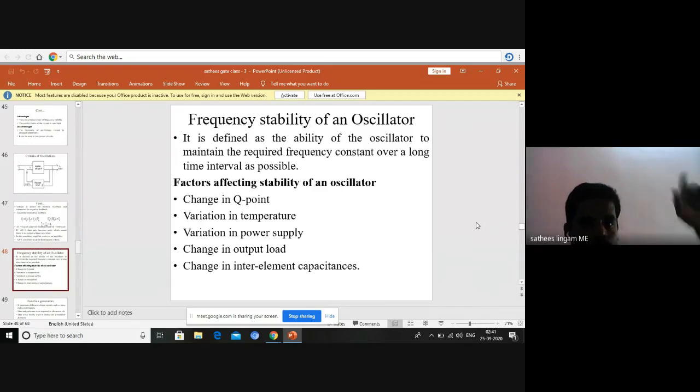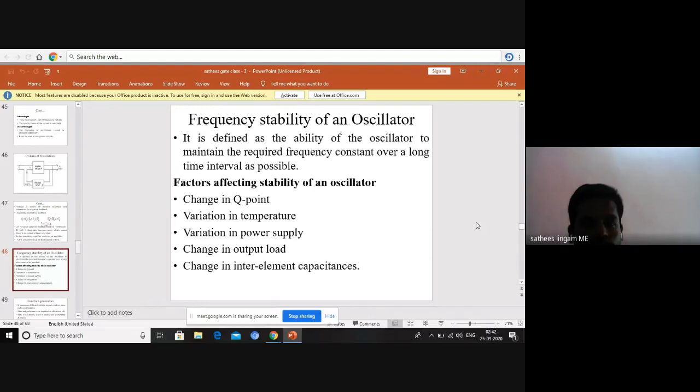So these are time variant signals, and the frequency of the oscillation should be maintained as constant over a long time interval. That is called stability. Like our stabilizer, we get a constant voltage, even though the supply fluctuates from 280 to 180 in our home.